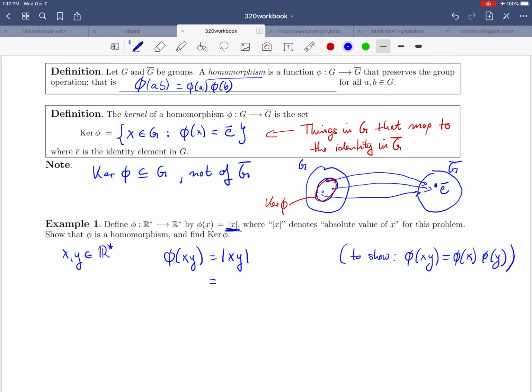But the absolute value of x times y is the absolute value of x times the absolute value of y, and that's exactly the definition of phi of x times phi of y. So we have shown that phi is a homomorphism.